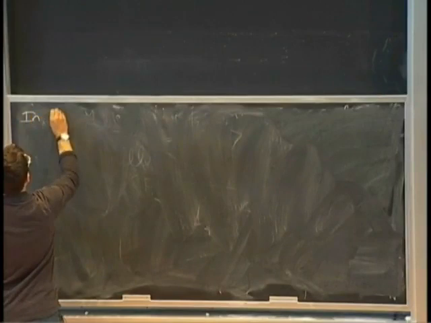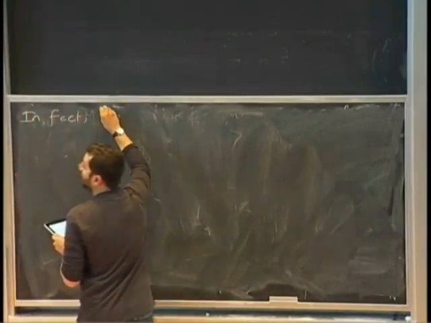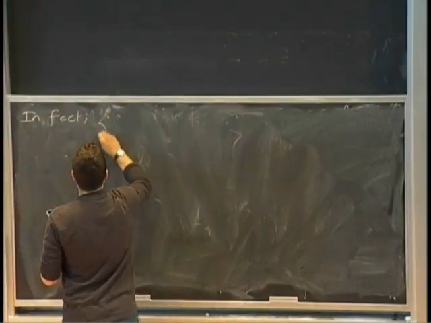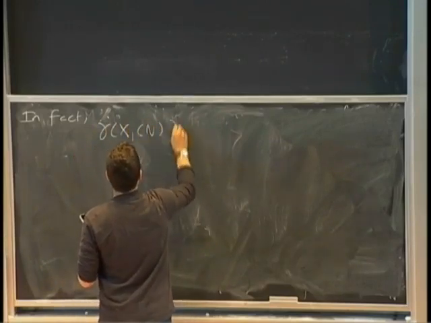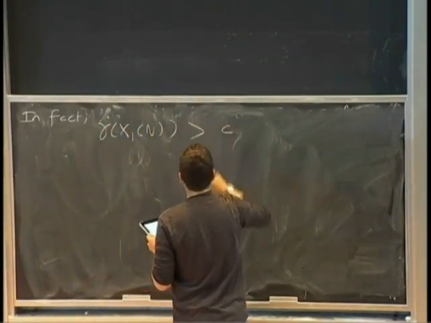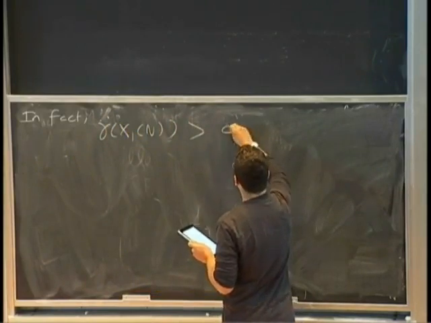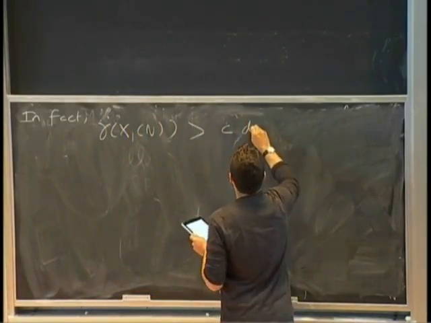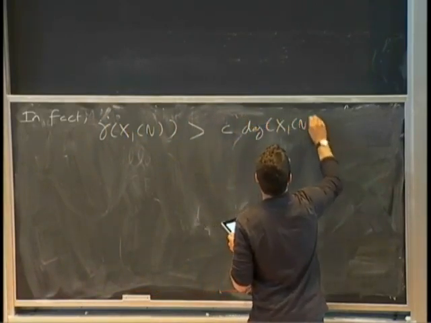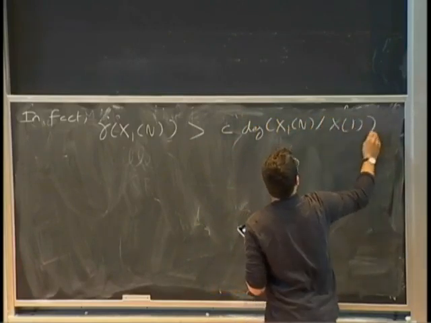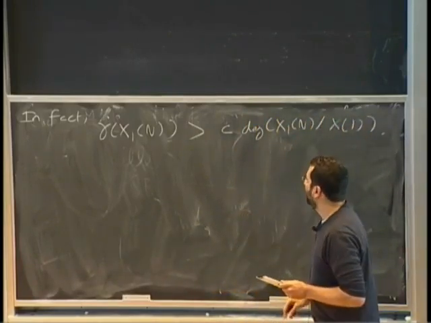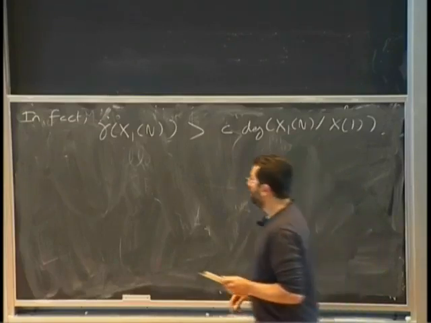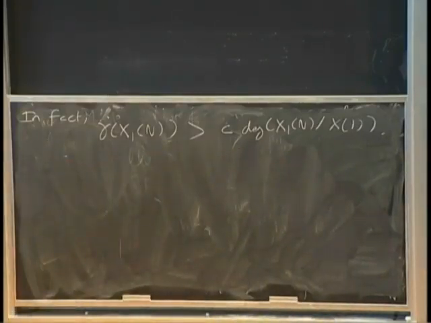So in fact, the gonality of x1 of n is bounded below by a linear multiple of the degree of this cover, which in turn is about n squared. So that's a remarkable fact, and let me explain why it's true as a part of a more general story.